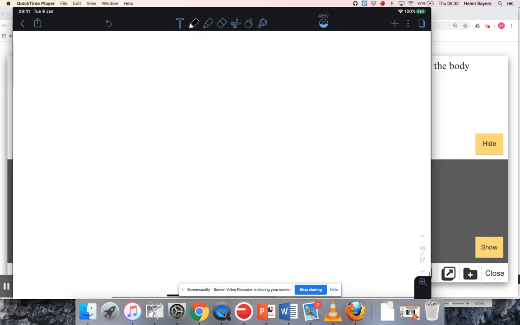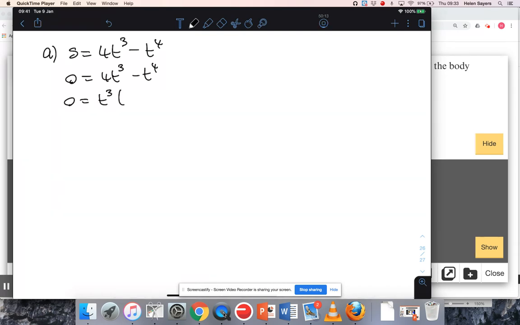Right, so the displacement is given by 4t cubed minus t to the power of 4, and it's going to return to its starting position when that is 0. So although that's a quartic, it's actually very easy to factorise. So I'll just take t cubed out as a common factor.